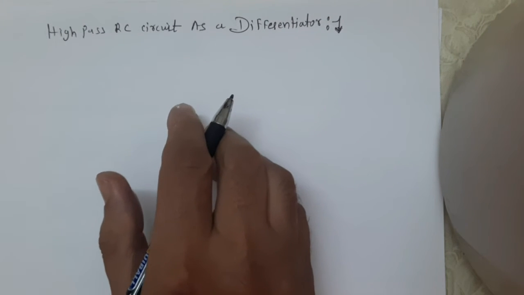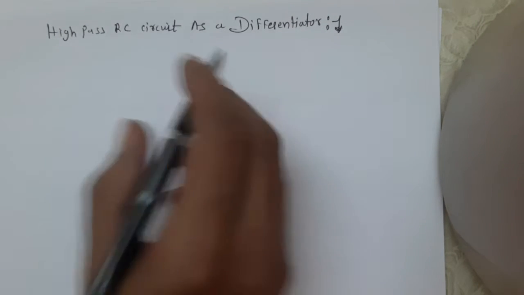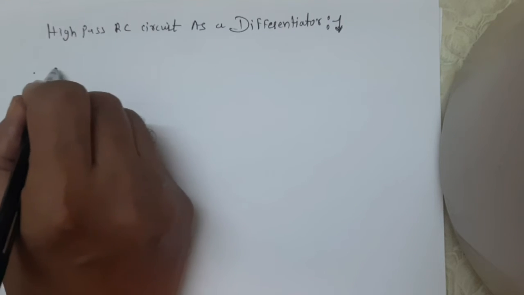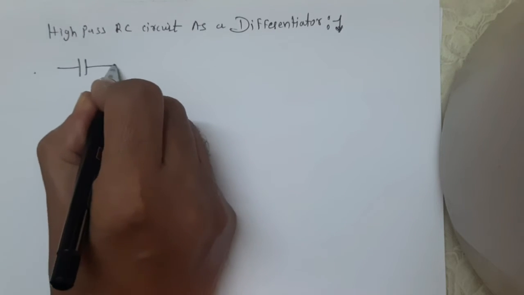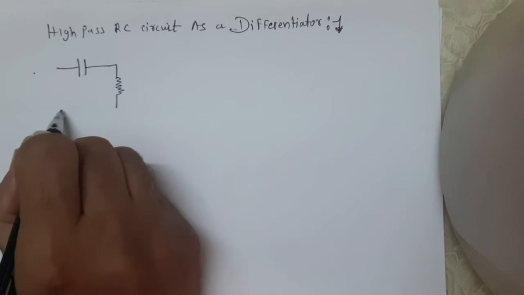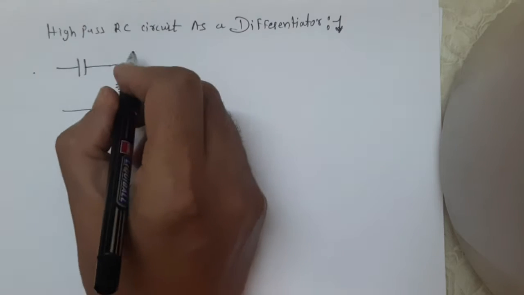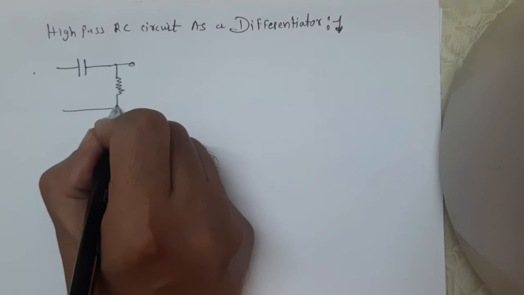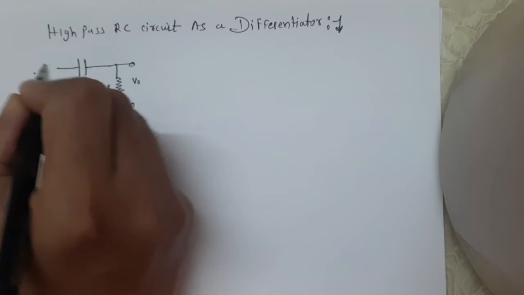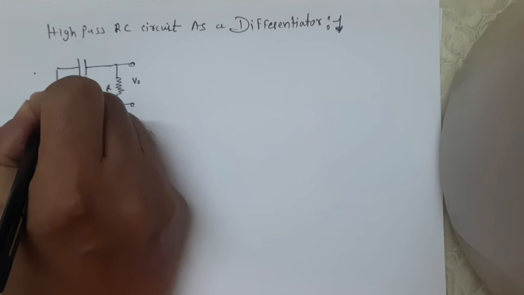Now, what happened here? First of all, we draw the high pass RC circuit. This is your circuit, C, R. This is your output. This is your input.